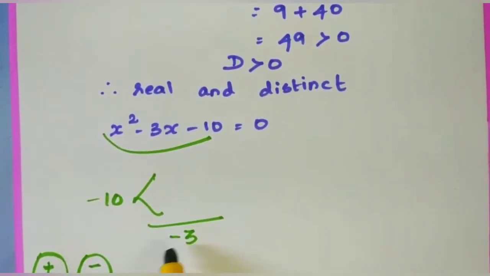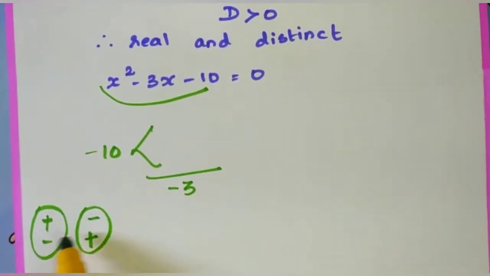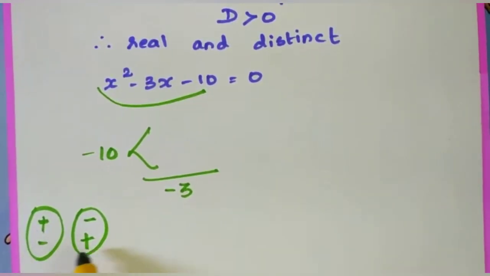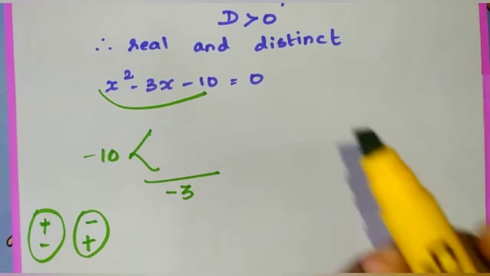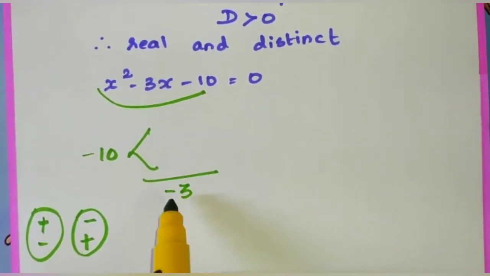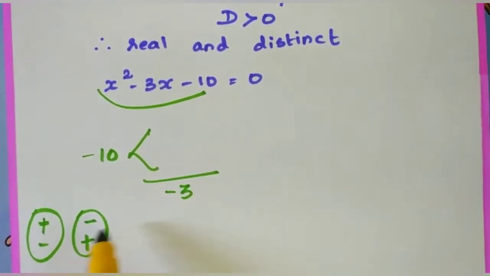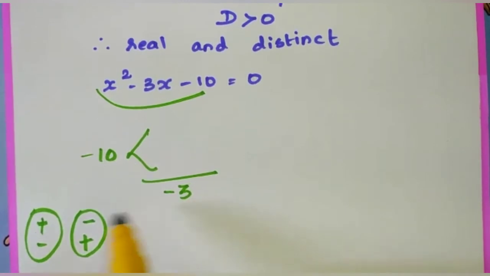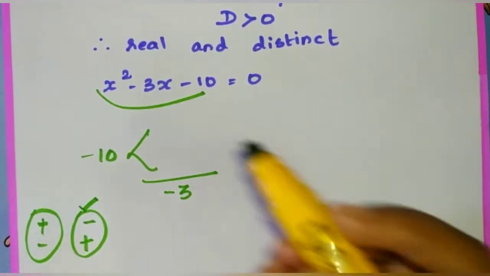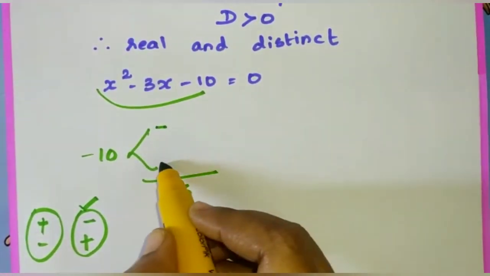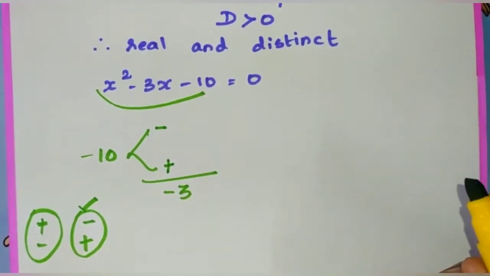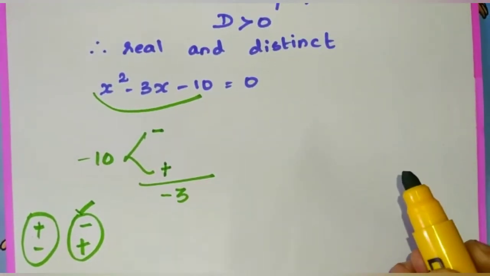By using this we can choose which one we have to choose. Okay, so here we have negative. If we have negative here, we have to choose this one, minus and plus.